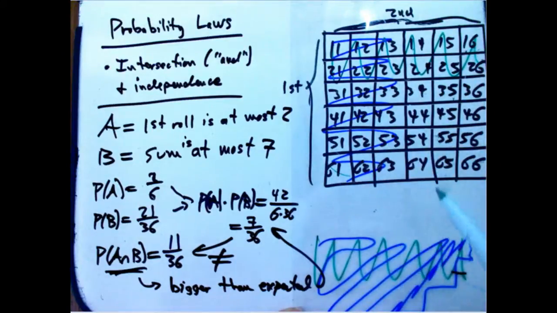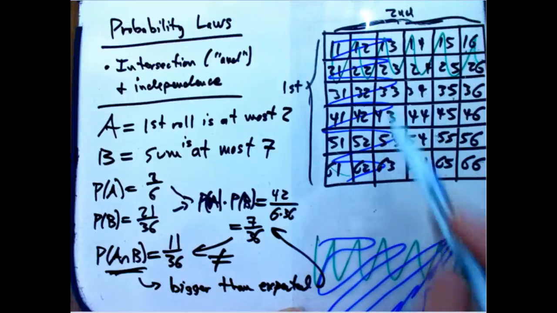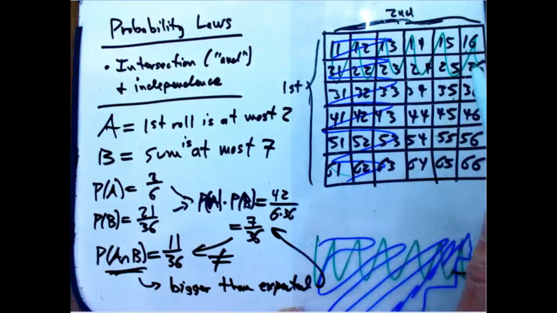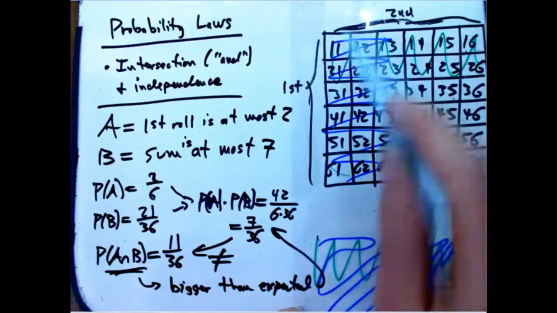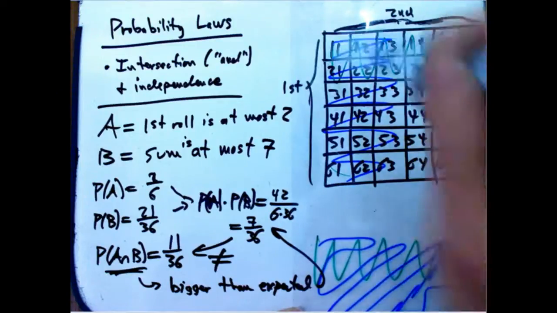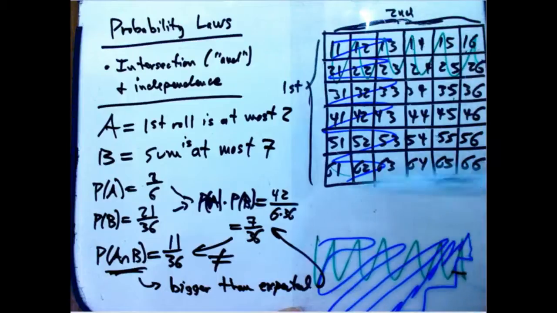So the proportions are the same. Similarly, the area of the green and blue is half the area of the green. That's just like the area of the blue is half the area of the whole thing. When you have that proportionality, that's when you get that the area, the number of boxes, of the intersection is just the product of the area of the green and the area of the blue.